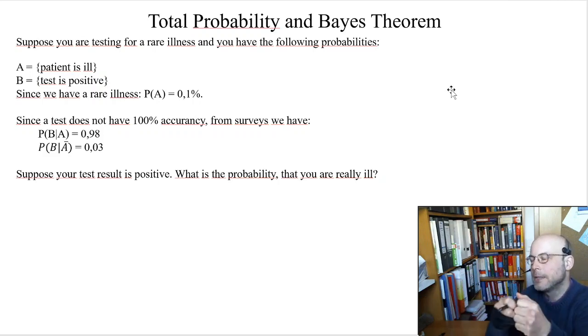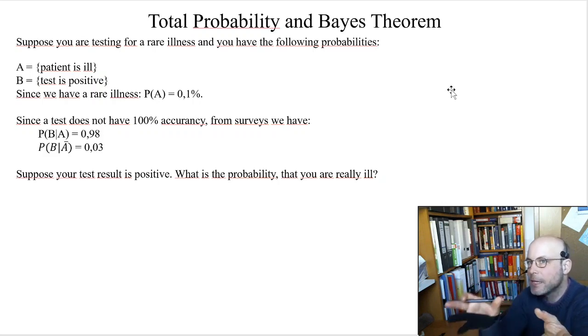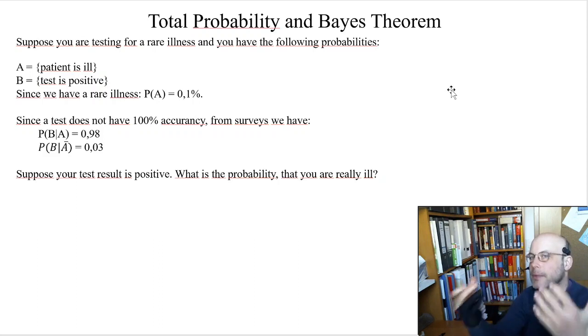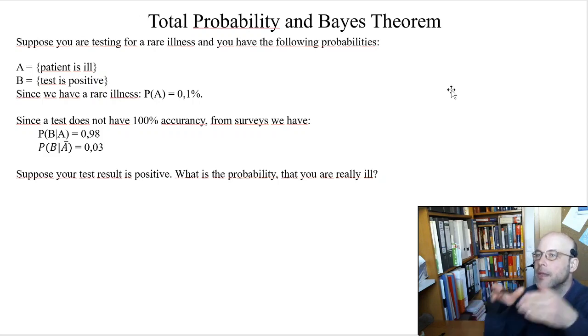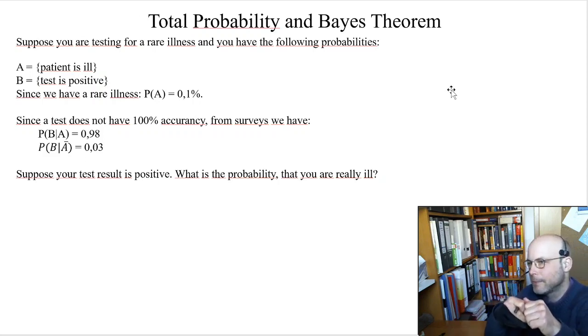There is also still some probability that if you make the test and it is negative, you nevertheless have corona. And this is, of course, the question which we really need. Let's say in this example, if we are testing for some illness, the test is positive, but it is not 100% accurate. What is the probability that I'm really ill? And this is, of course, a very important question.